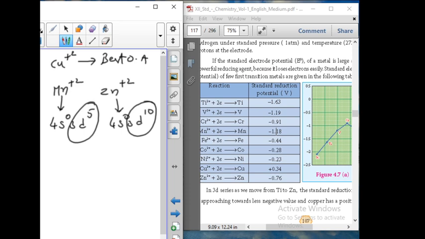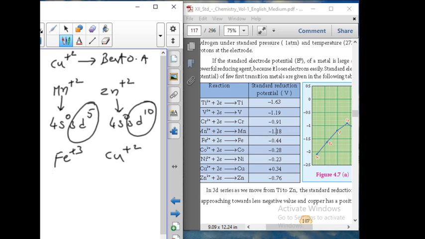Okay, now see, transition elements having high oxidation states can act as oxidizing agents. For example, Fe plus 3 and Cu plus 2.